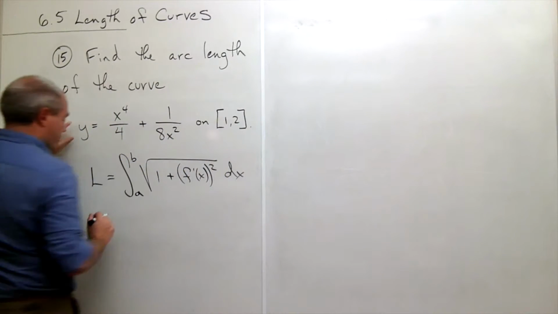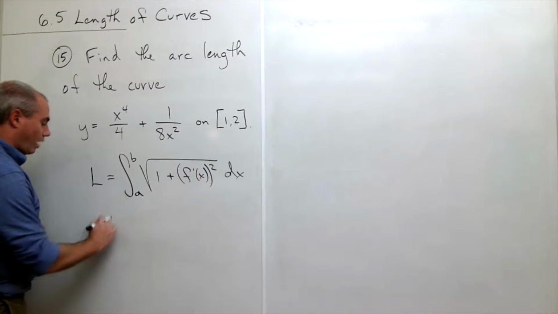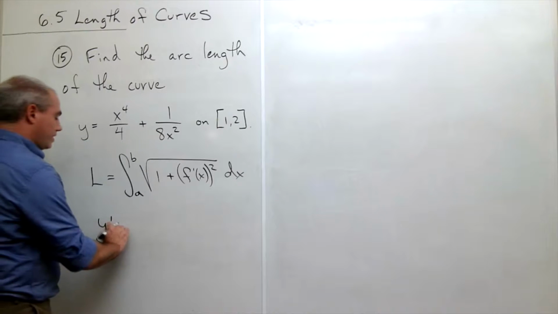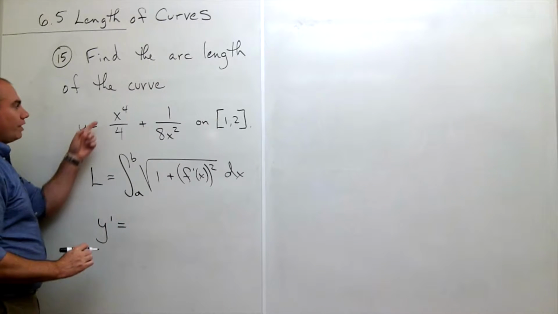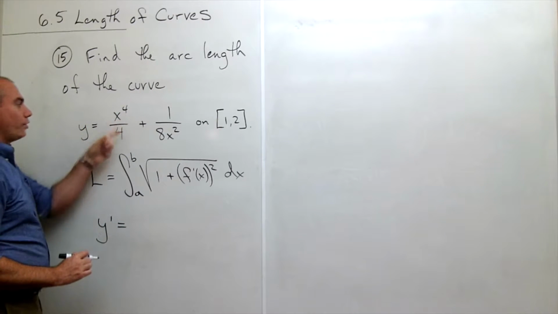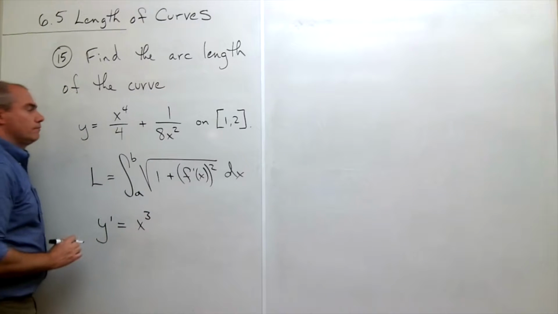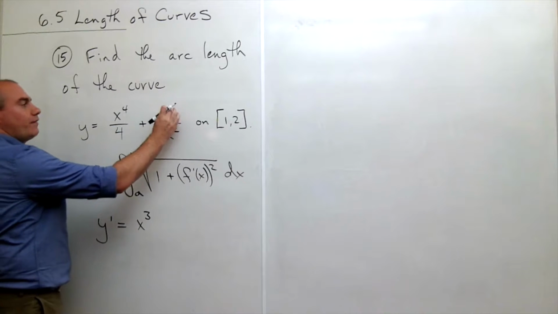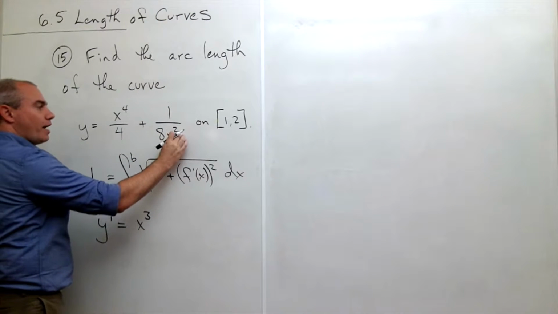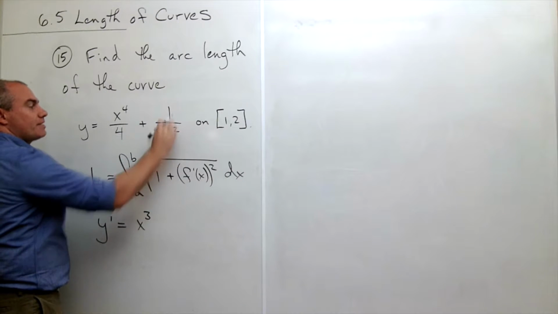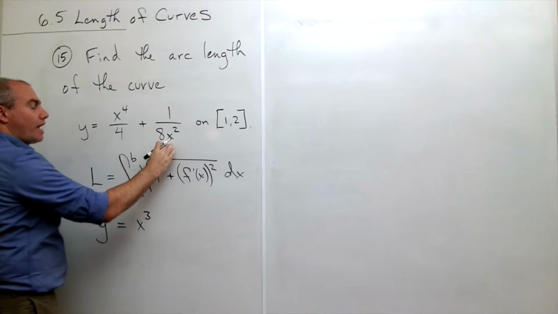So here's my function. My derivative, y prime, is going to be equal to the derivative of x to the 4th over 4, which is x cubed. What's the derivative of 1 over 8x squared? Well, this is the same as x to the negative 2 over 8.